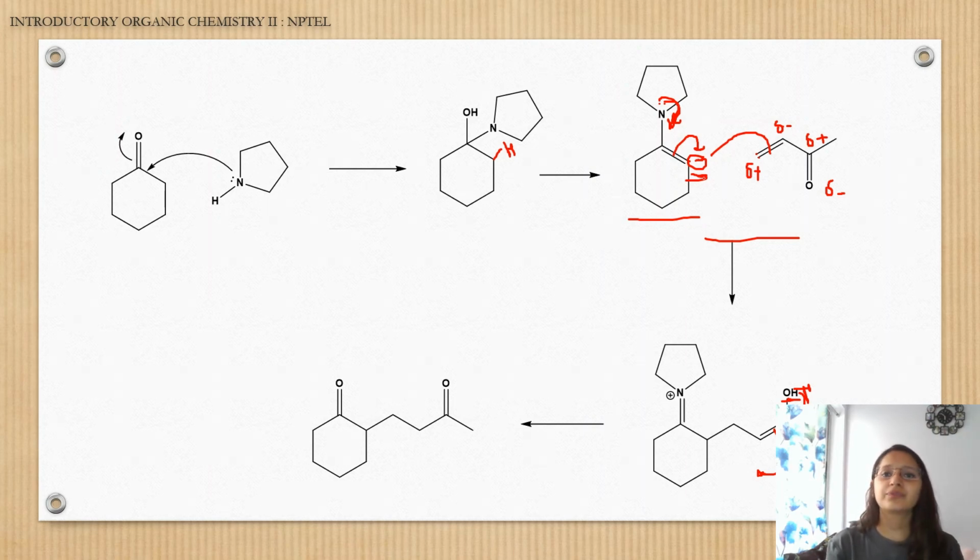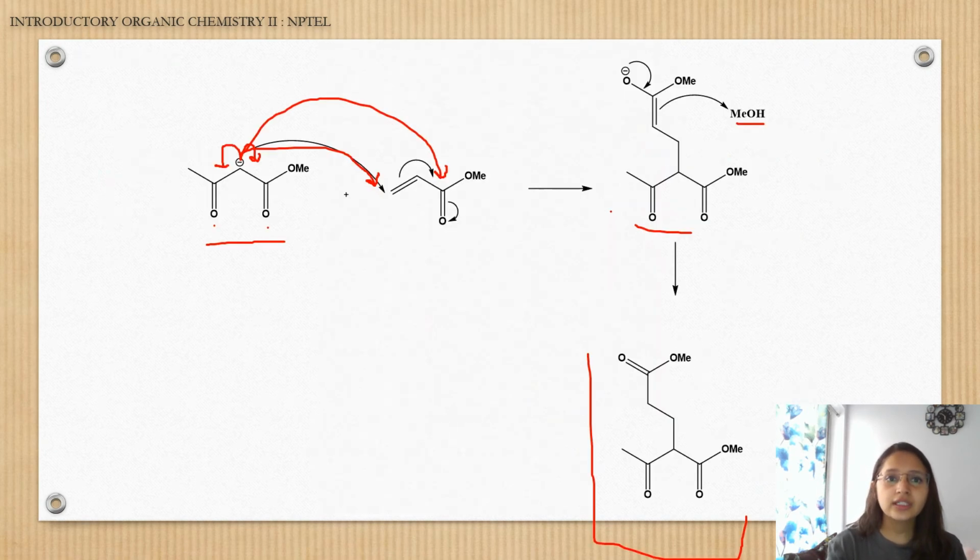See, this is the system which is known as the enamine kind of system. We have talked about that whenever the nucleophile is resonance stabilized, we will say that it is a soft nucleophile, and there is a chance of having 1,4 addition instead of 1,2 addition. Do you agree with this statement? Yes, ma'am.